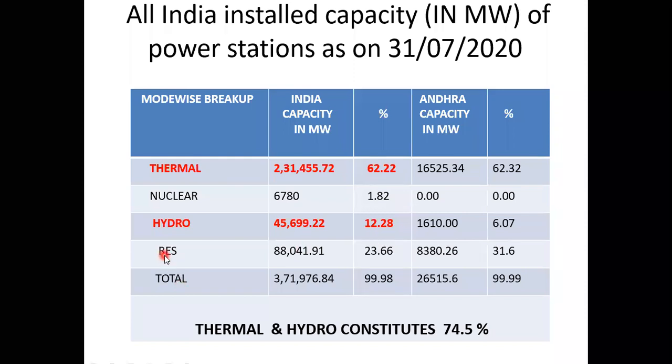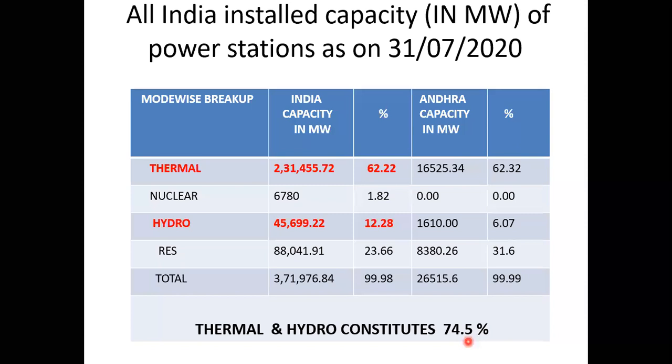And RES, the renewable energy sources, constitute only 23.66%. So from this table, what I conclude is it is better to take thermal and hydro, because when you consider thermal and hydro, that is 62.22% plus 12.28%, combined we get 74.5%.